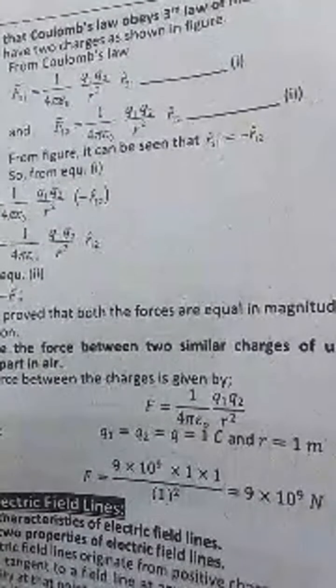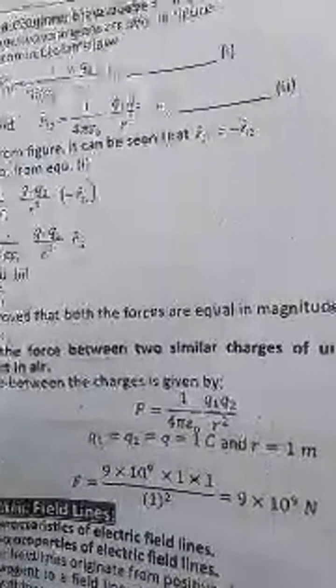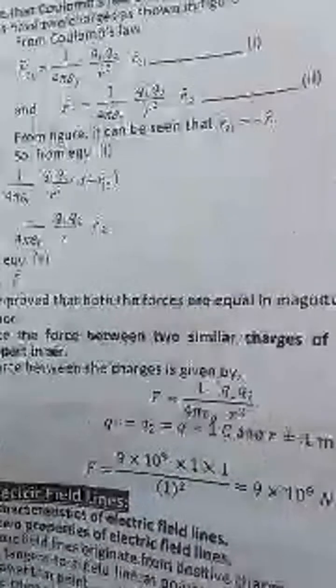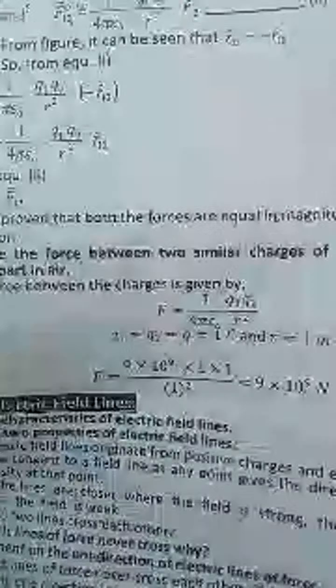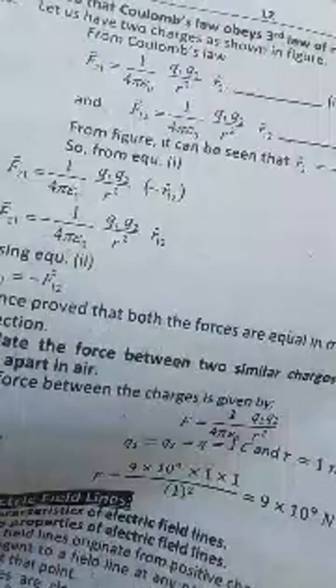Prove that Coulomb's law obeys Newton's third law of motion. Let us take the two charges as shown. From Coulomb's law, F21 is equal to 1 over 4 pi epsilon naught, q1 q2 over r squared, r21, and F12 is equal to 1 over 4 pi epsilon naught, q1 q2 over r squared, r12. From the figure it can be seen that r21 is equal to minus r12.